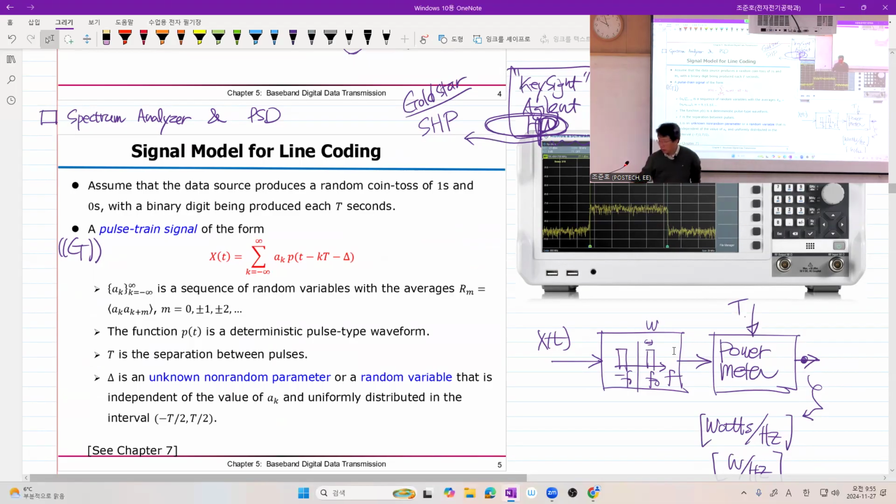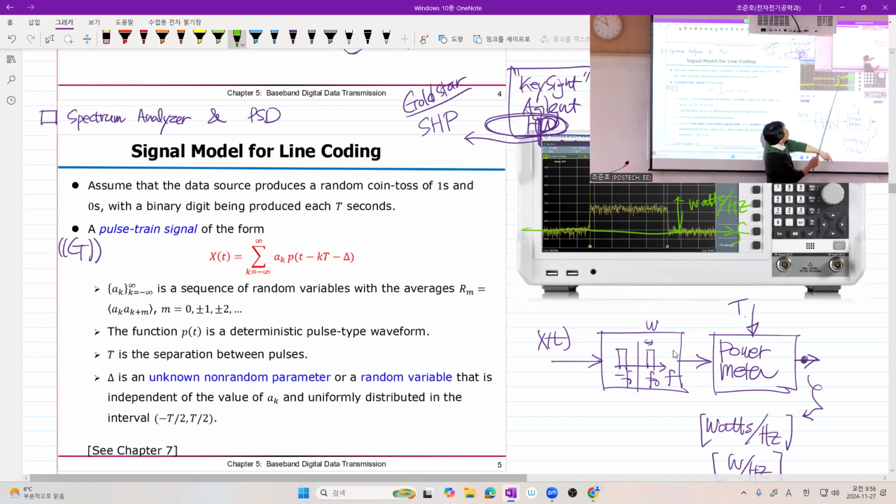And then here, this is frequency, and this height is watts per hertz. So if you integrate this signal from here to there, suppose this is some capital S of F, meaning spectrum as a function of F, you integrate that function, then you have the power between these two frequency points.